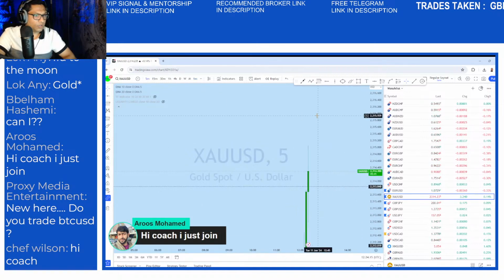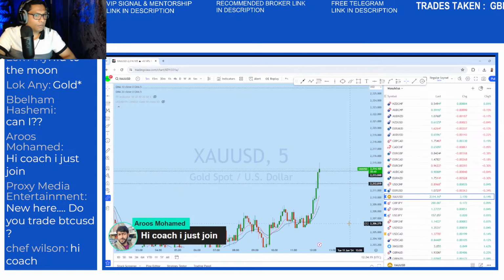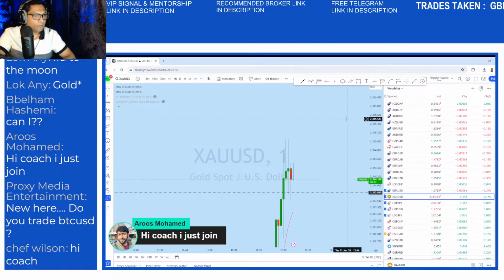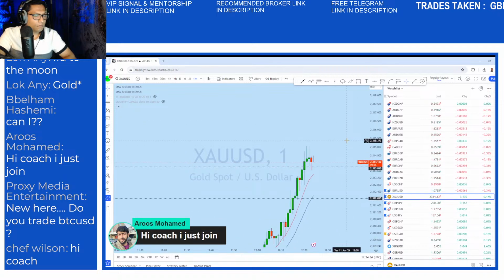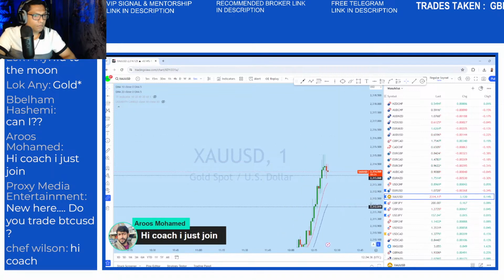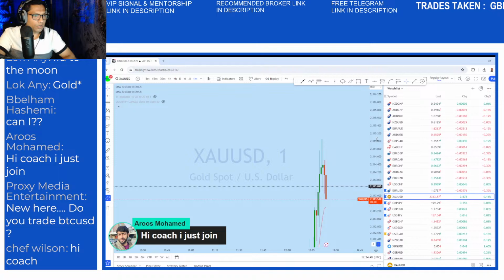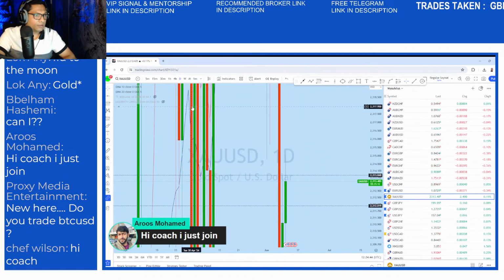Okay, here is what we can see. We can see that gold is trying to break from the daily resistance.